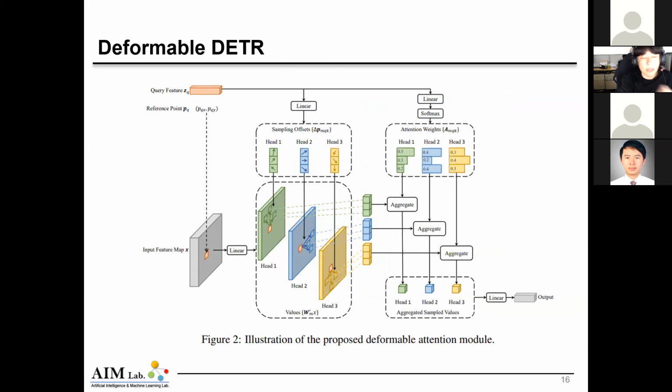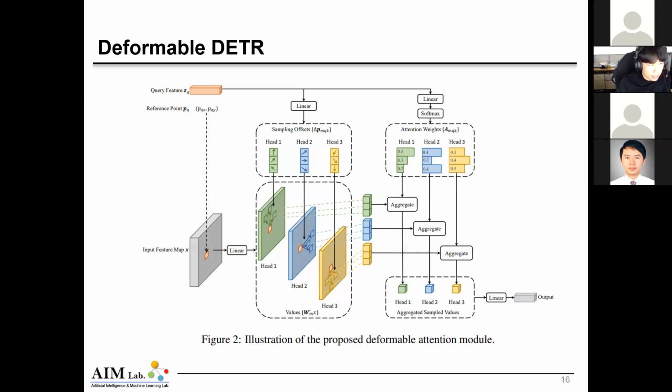It is the same as DETR, but they have a reduced size for self-attention, and they get a better score, better accuracy, and in computational time and training time they get much better performance, because it takes only 50 epochs.